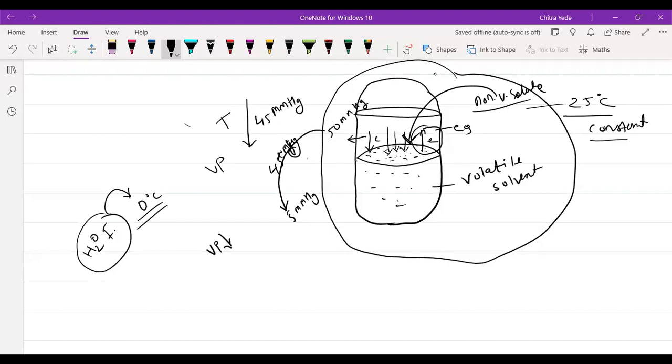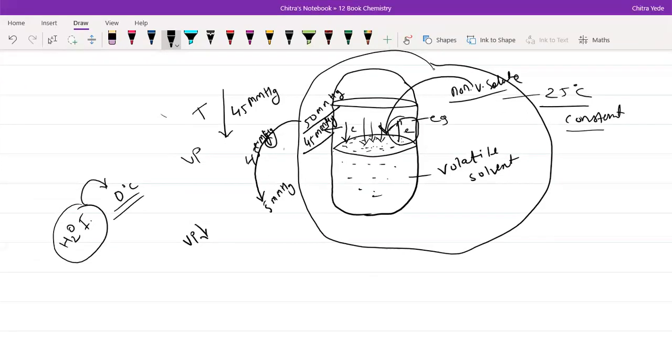Let that decreased vapor pressure be 45 mmHg. At normal condition it was 50 mmHg, but due to the addition of non-volatile solute, the vapor pressure lowers to 45 mmHg.